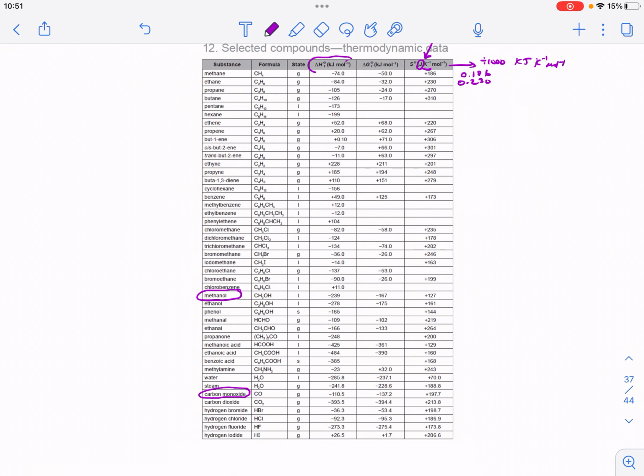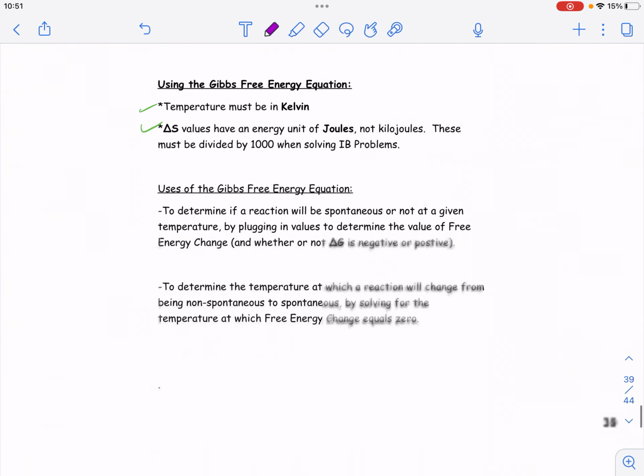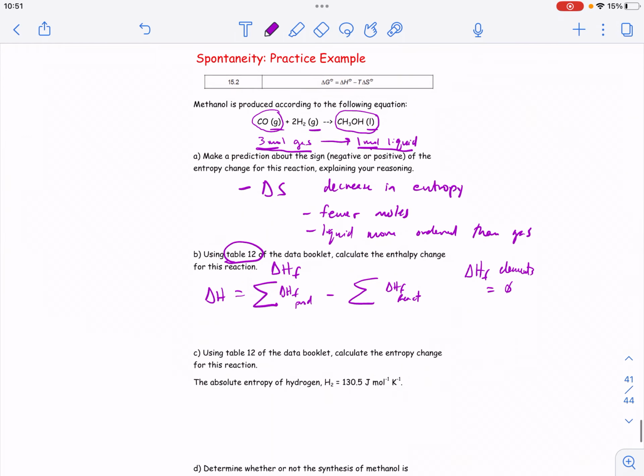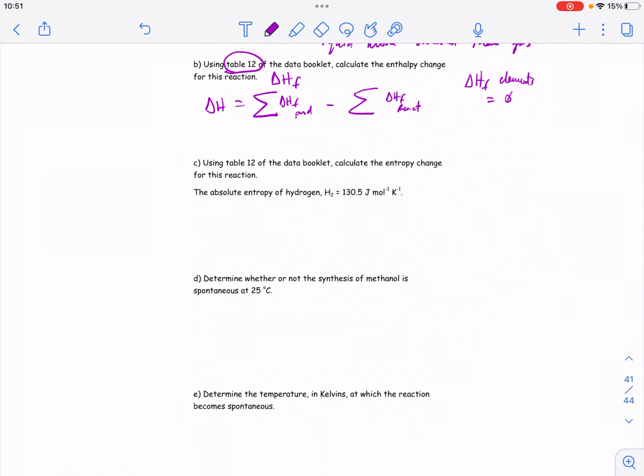So notice that the delta H formation values are here, and the delta S, or just the S values, which I'll use in the next part of the question, are here. So that's where I'm getting my values. Now, if you're watching this video as you're trying this question, I ask you to please pause the video now and try to do the calculation first, and then watch my solution afterwards.